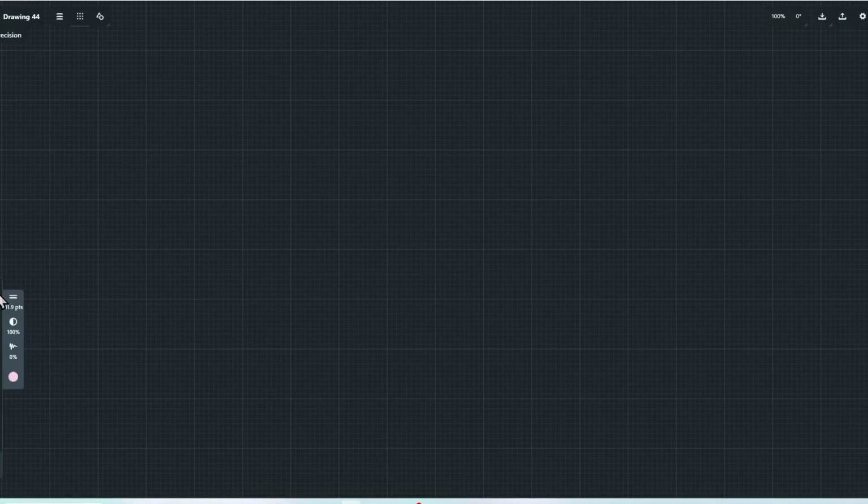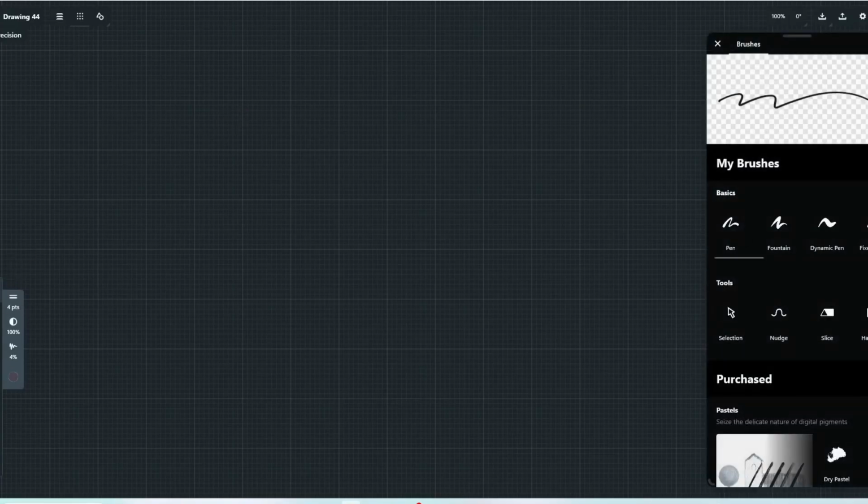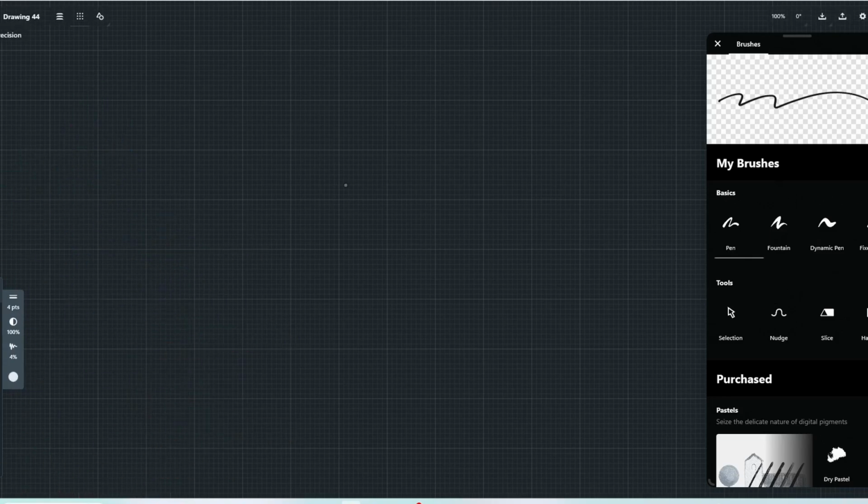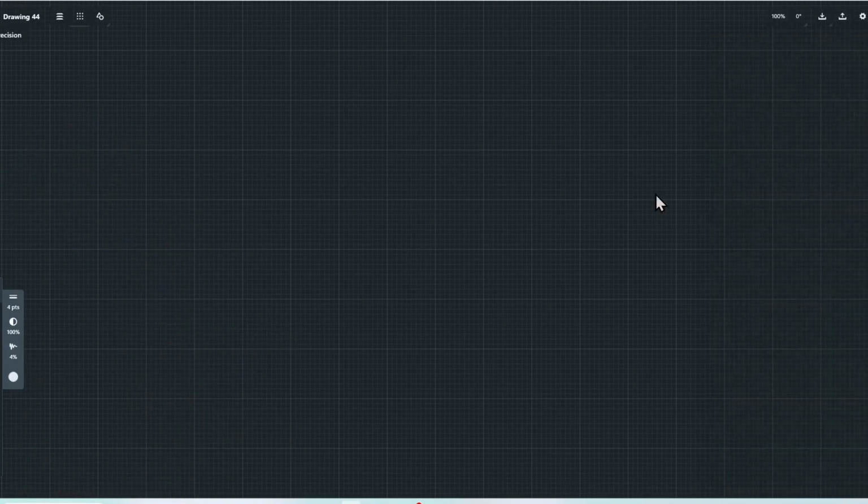So basically, it's a simple graph, and it's not actually a simple graph. It's slightly complicated, and let me show you what is going on with this.